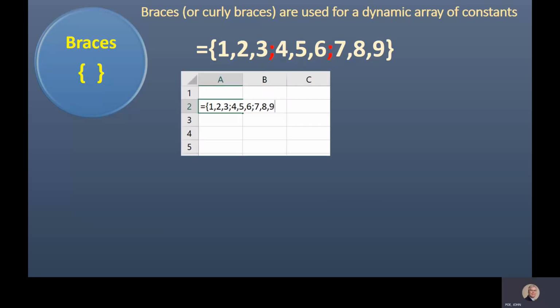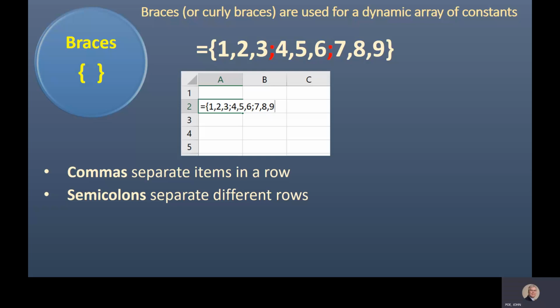What that does, if you type this inside a single cell, is that the commas identify things that are going to be in different columns in the same row, whereas the semicolons identify things that will go in different rows.